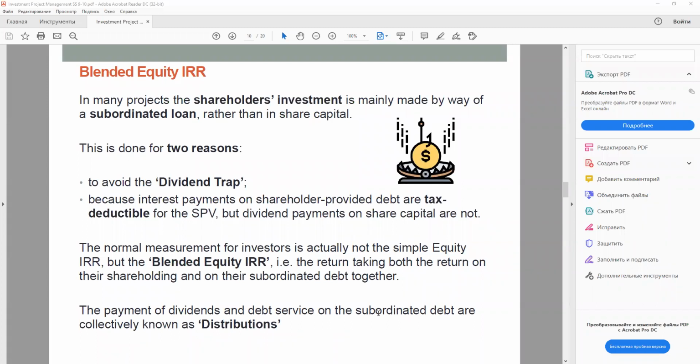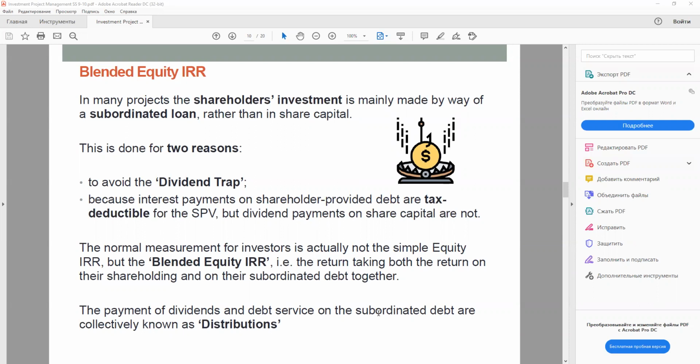The blended equity IRR is typically calculated post-tax. That is, after allowing for tax paid by the project company, but not taking any account of the investors' individual tax positions. However, if most of the equity is subscribed as tax-deductible subordinated debt, the pre- and post-tax IRRs will be quite similar.